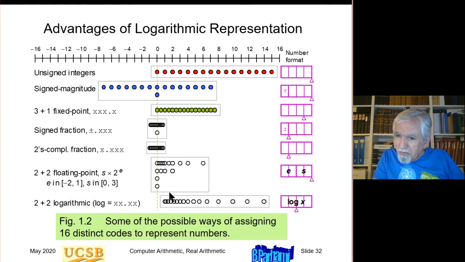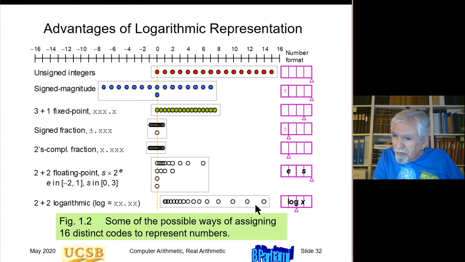We need more precision for small numbers. Like floating point numbers, this provides both high precision for small numbers and wide range so that we can represent large numbers. One advantage compared to floating point is that this distribution is pretty much uniform.